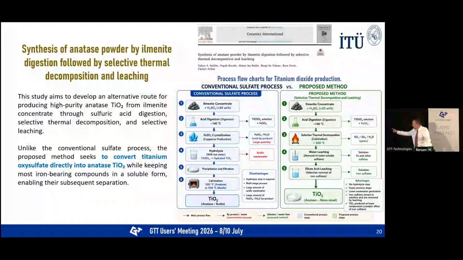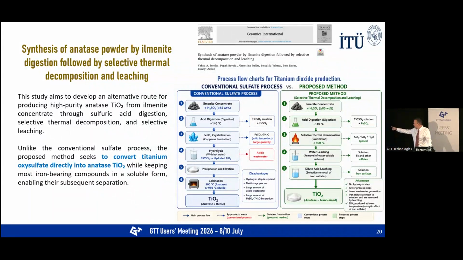Here you see in the graph on the left-hand side a conventional sulfate process. After the acid digestion process, we have iron sulfate crystallization and then a hydrolysis step and precipitation. But in our proposed method, we eliminate the crystallization and hydrolysis processes, which are quite expensive and time-consuming.